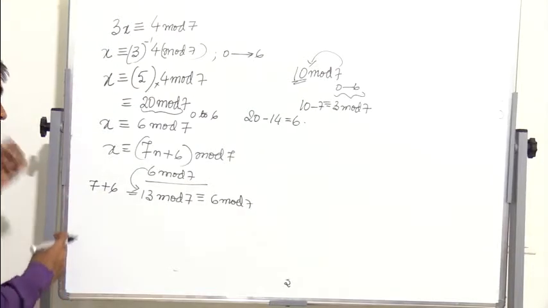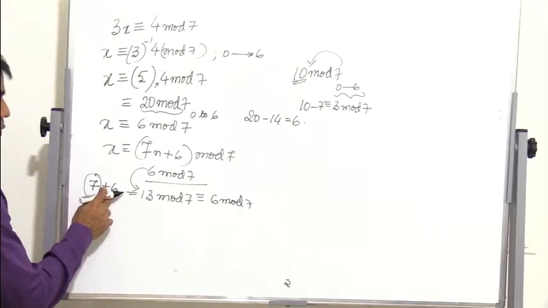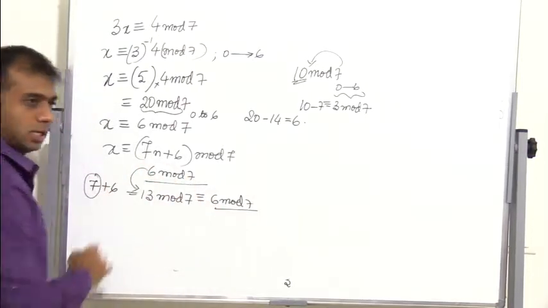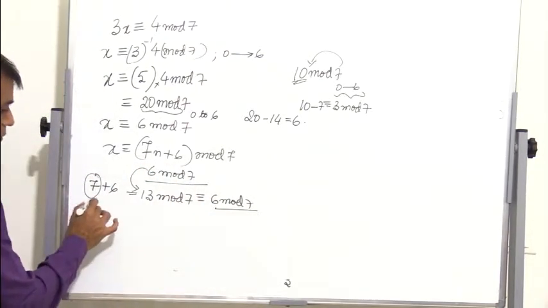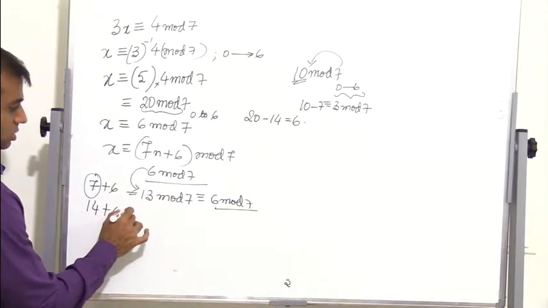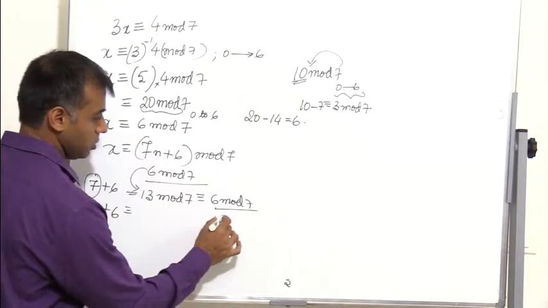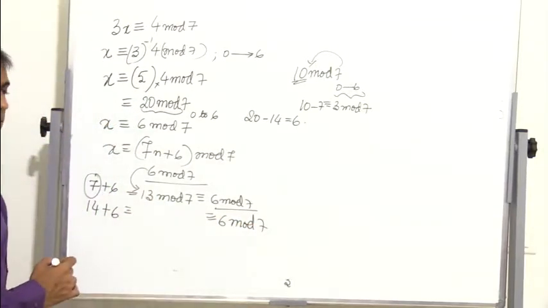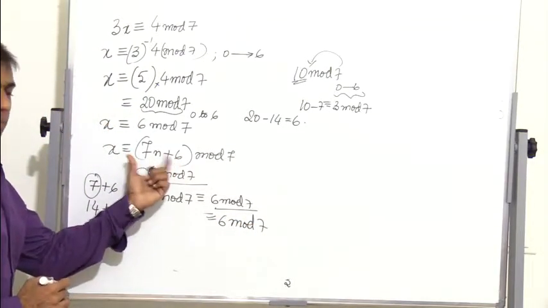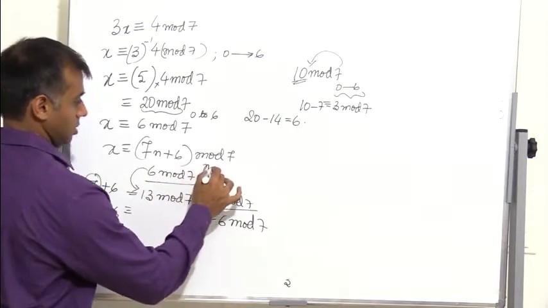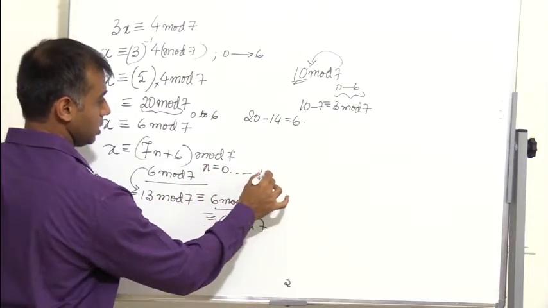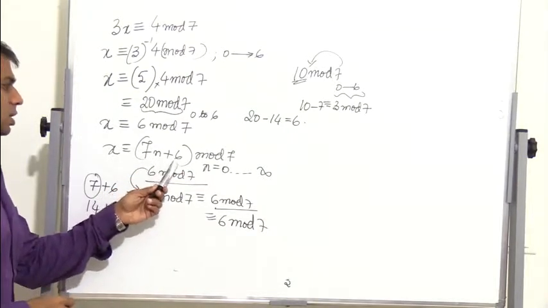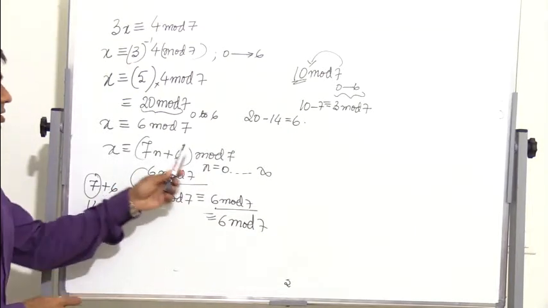If I go on adding multiples of 7 to the value 6, in mod 7 it is always equal to 6. Similarly, 14 plus 6 is also congruent to 6 mod 7. So irrespective of n, where n varies from 0 to infinity, any multiple of 7 added to 6 will always give me 6 as the answer.